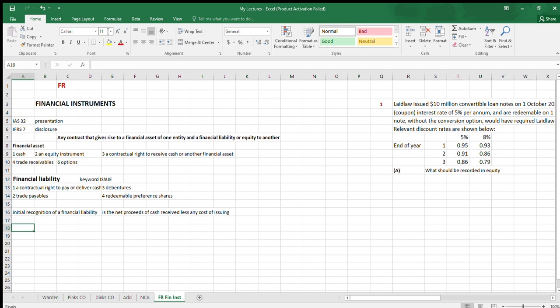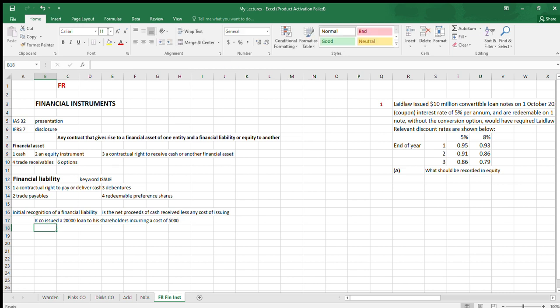So in most questions or in most cases, let's say Keiko issued a 20,000 loan to his shareholders, incurring a cost of 5,000.